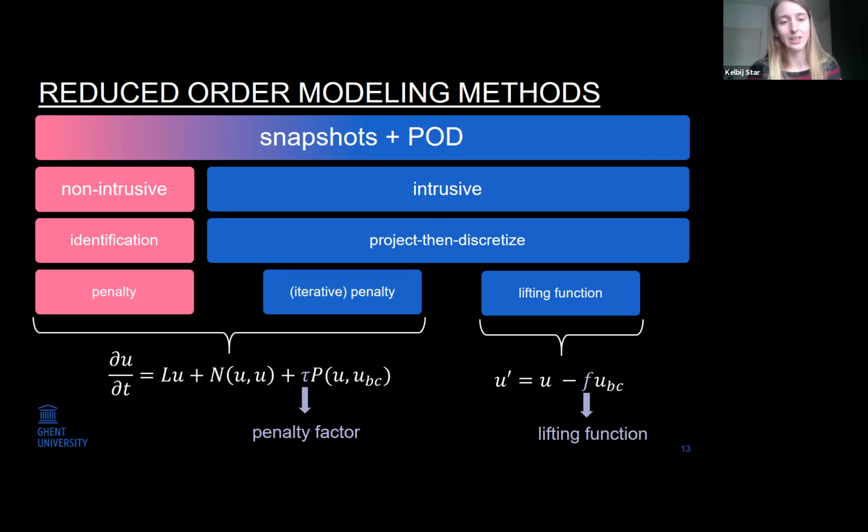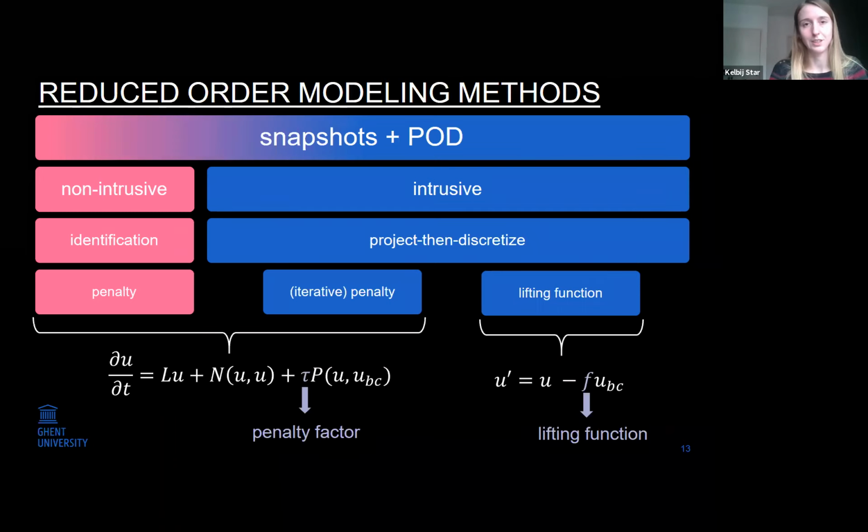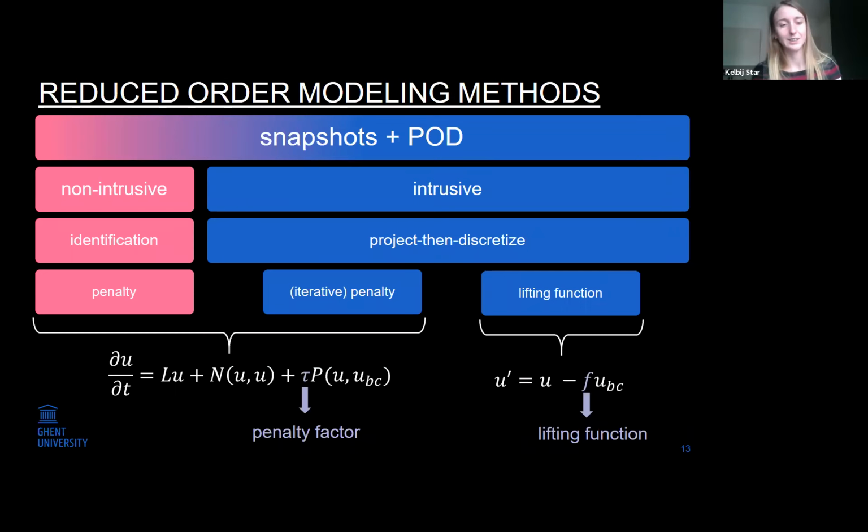That can be done manually, or you can use an iterative approach, just a first order iterative solver, to see if I lower my penalty factor, is it still enforced, or if I raise it. If your reduced order model solution becomes unphysical, then okay, you might enforce your boundary conditions, but the factor is still too high. So in some cases you cannot find a suitable factor.